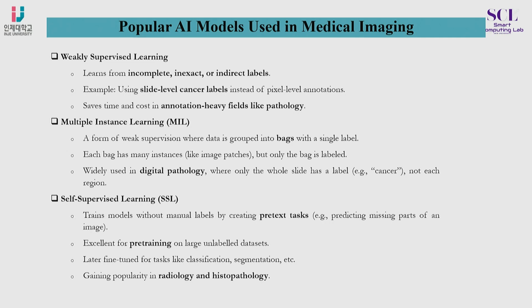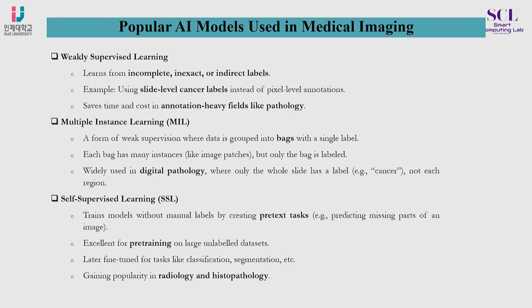This is the power of weakly supervised learning, in which we use multiple instance learning. For example, we have different kind of bags. We consider in MIL, we consider a WSI as a bag. Bag means if the WSI has a tumor area, then it is called positive bag.